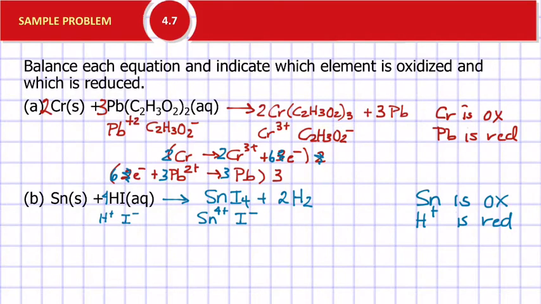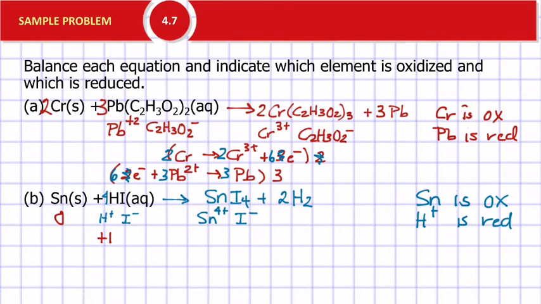Let's practice our oxidation numbers. What's the oxidation number for tin here? 0. How about for hydrogen? Yeah, +1. What if we didn't recognize that this ionizes and we just looked at HI? Then hydrogen gets to be +1.